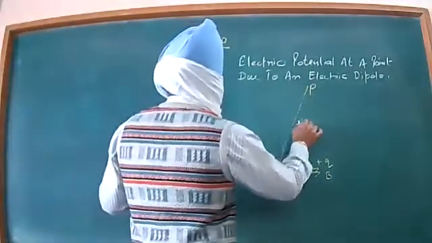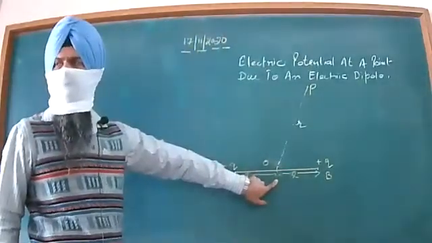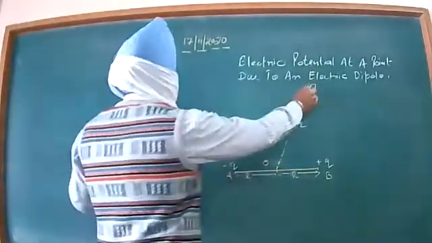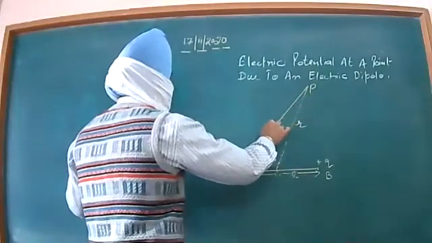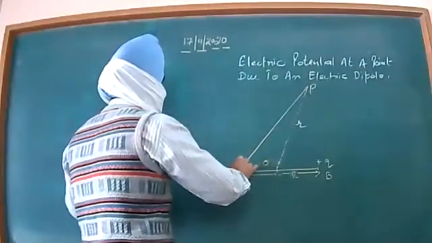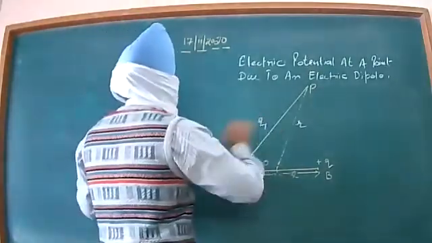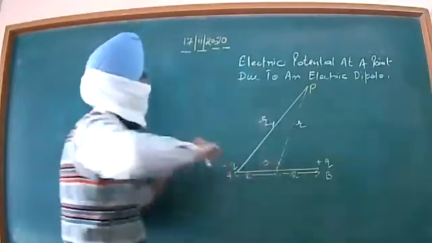And imagine that this distance is equal to R from the center of the electric dipole. Then if I calculate the electric potential at point P due to this negative charge, this distance is not the same as that of R. I will mark this as R1. Let us say that this distance is R1.